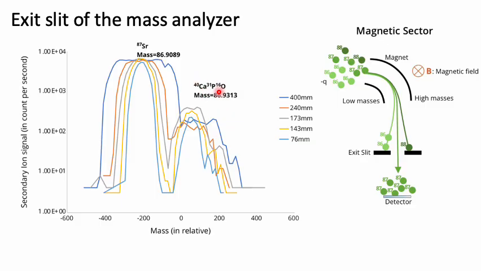This calcium phosphate ion has a mass of 86.9313, whereas the strontium has 86.9089, so they're really quite close. This is plotted here in relative mass, with counts per second, and with different exit slits.